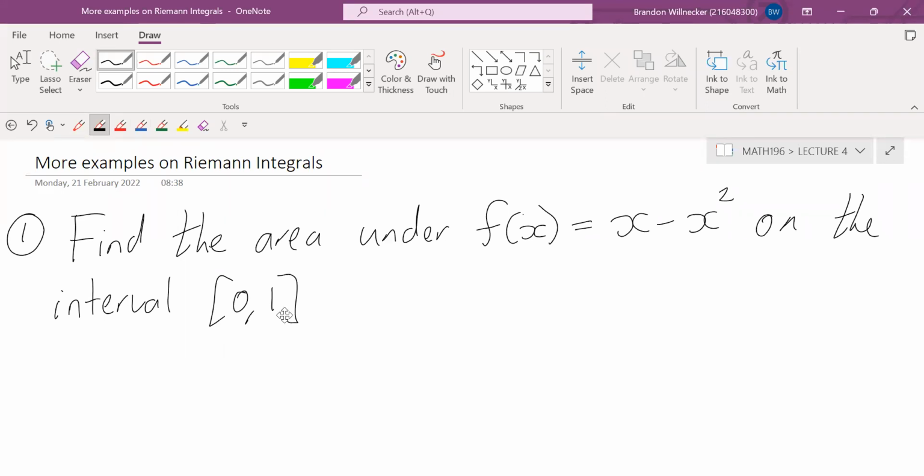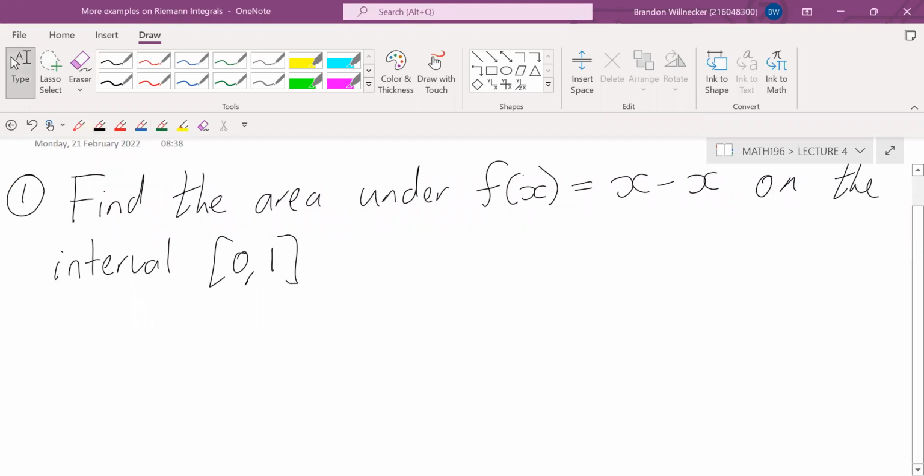Okay, so we don't need to draw anything. We can just imagine this parabola shape, and then we want to find the area underneath that shape between 0 and 1. Okay, so remember the steps from last time.